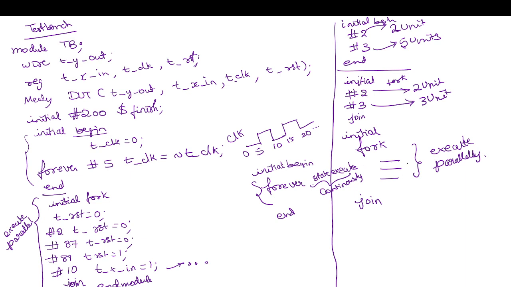If I write directly inside an initial block #2, #3, a delay of 2 plus 3, a delay of 5 units, this statement will be executed. Whereas if I use initial fork and join instead of initial begin and end, this will be executed at 2 units and this will be executed at 3 units, because the execution of all the statements will start at the same time, like parallel execution.